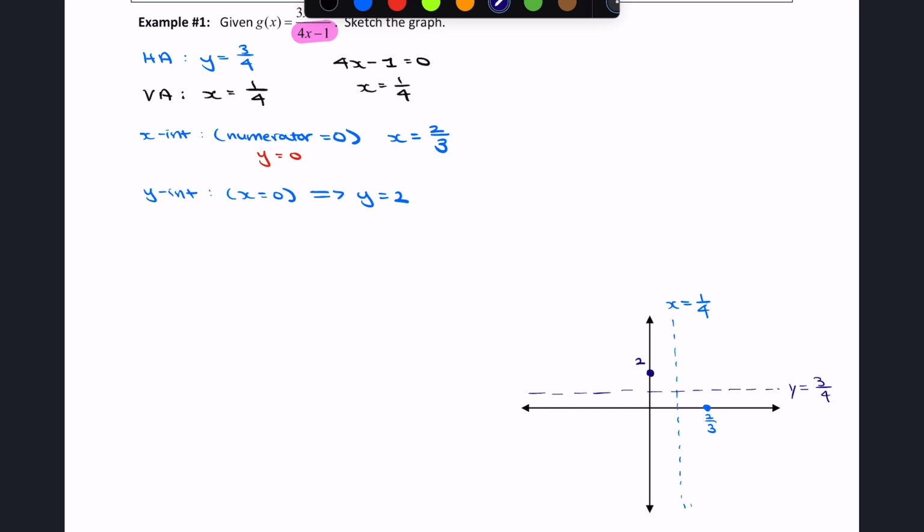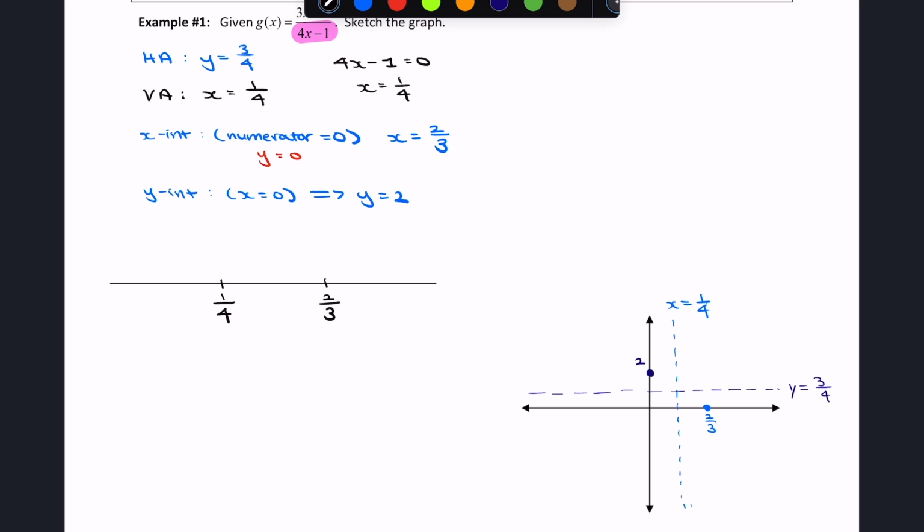Over here, we can show that using an inequality. So in this inequality, we'll put the x-intercept of 2 over 3, and then also our vertical asymptote of 1 over 4.